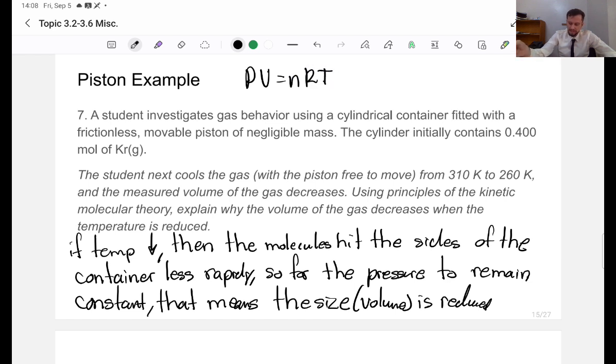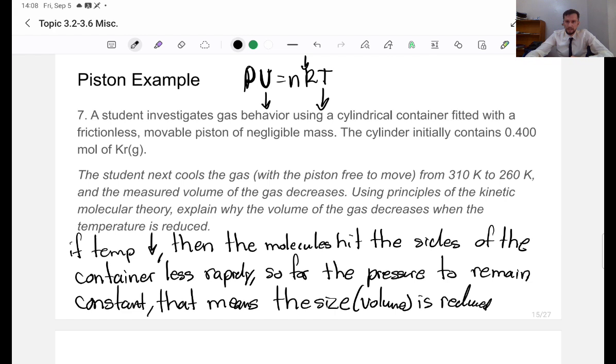We know the pressure remains the same, and the temperature went down. So for the pressure to remain the same in this situation, this side of the equation went down, right? So we know that something on the pressure-volume side must go down. Pressure remains the same, so volume has decreased.